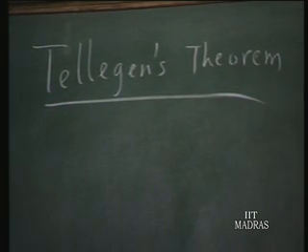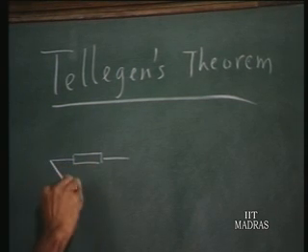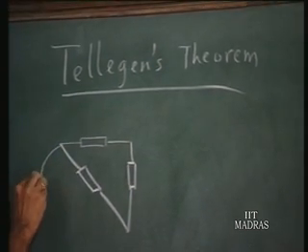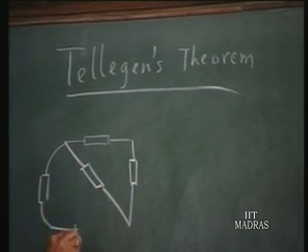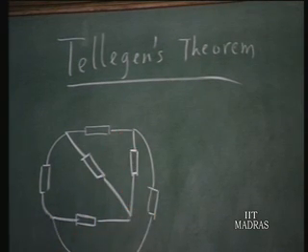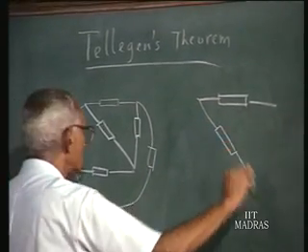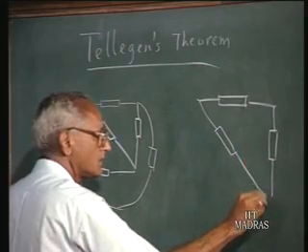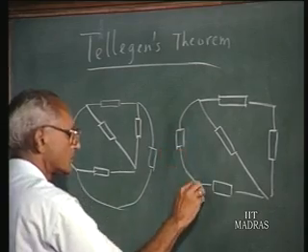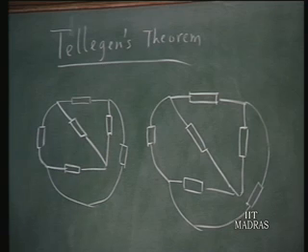Let us consider two networks of identical topology. So we have a network like this, another which has the same geometry, same manner of connection of elements, but these two networks are not the same.